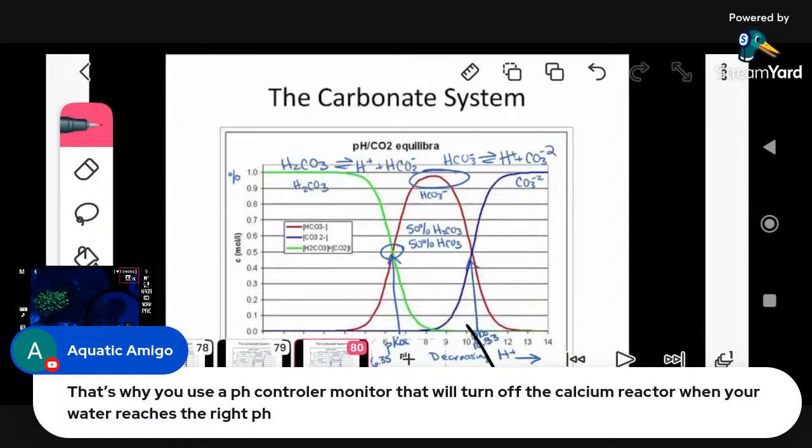So what Kwarami was saying is, once the water reaches the right pH, let's say he turns on his calcium reactor, and before it goes way over here, his fail-safe system, his mechanical or electrical system, will tell the calcium reactor to turn off, and that will prevent the pH from going that way.